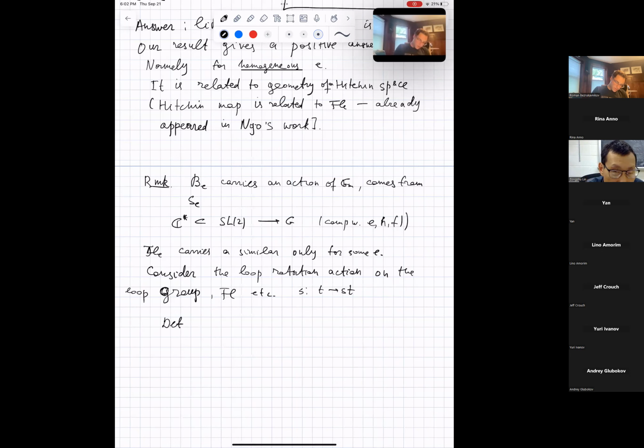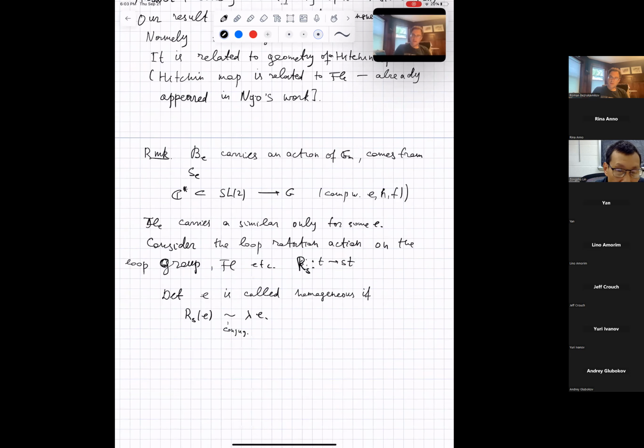So E is called homogeneous if the rotation action, let's call this R_s, rotation by s, if R_s of E is conjugate to something proportional to E, to lambda E.